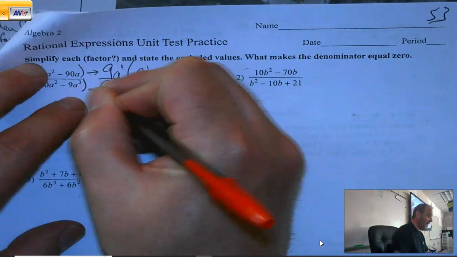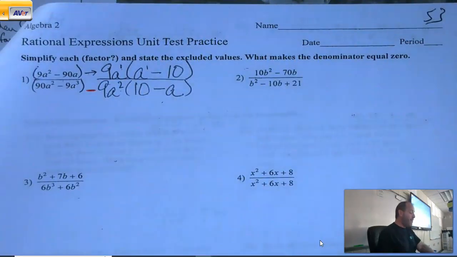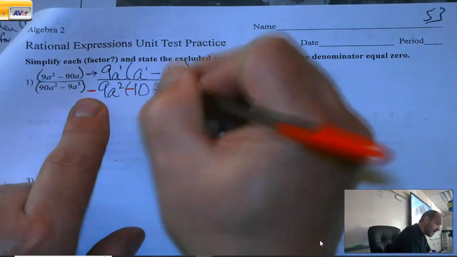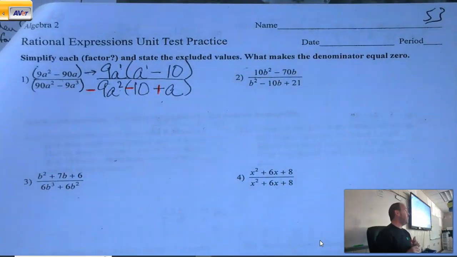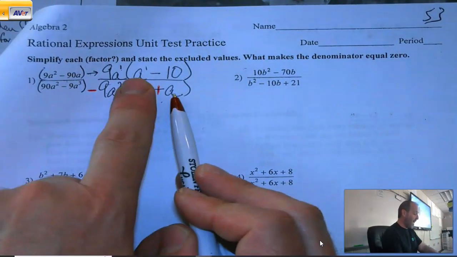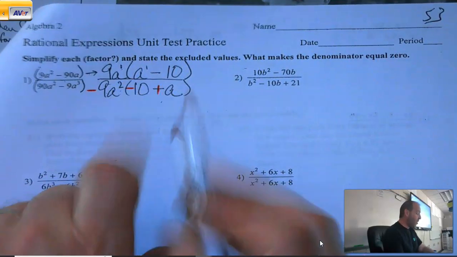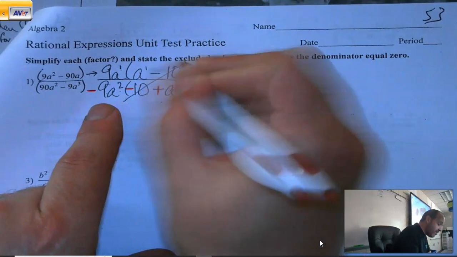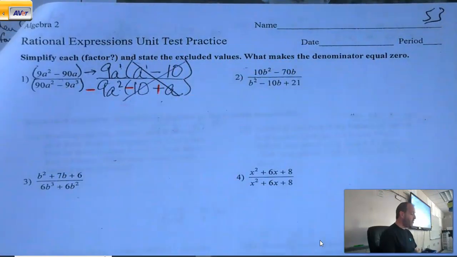So I'm going to take it out of here. And by pulling that negative out, that changes the signs on both of these. So now these are both positive A. These are both negative 10. So those are now the same and can be canceled.